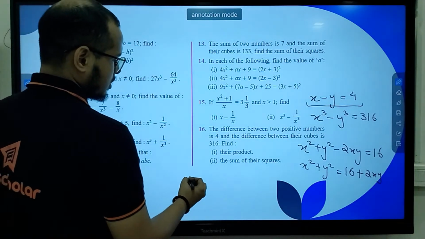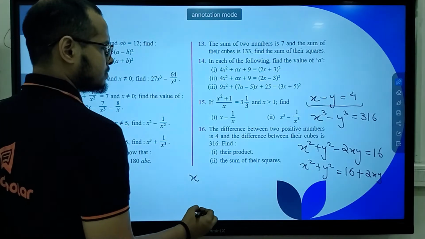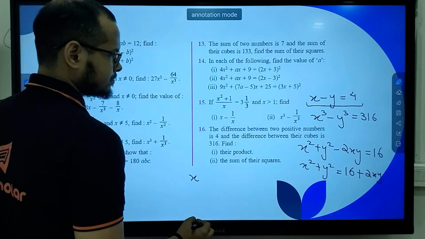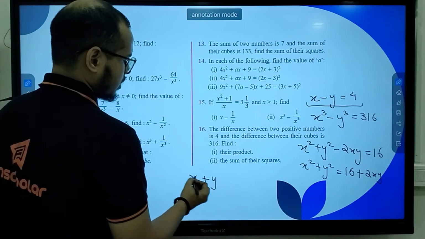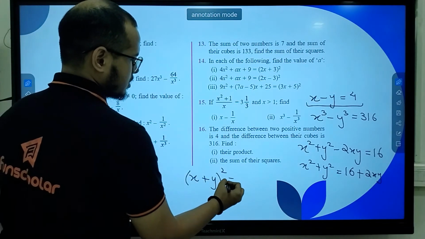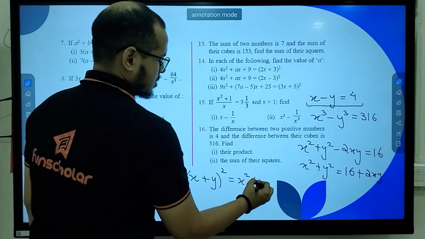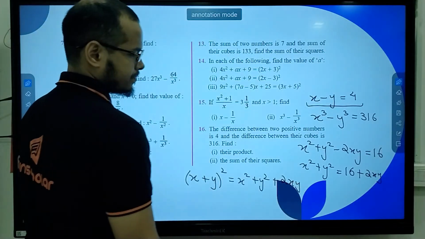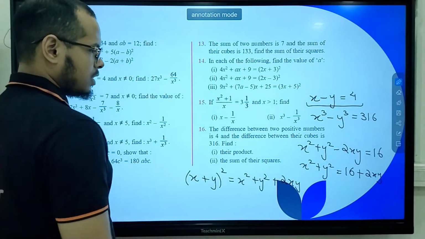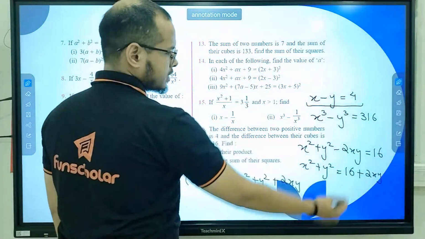Now if you want to find out, so (x + y)² is equal to x² + y² + 2xy.